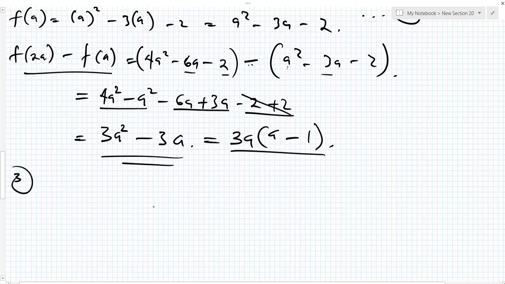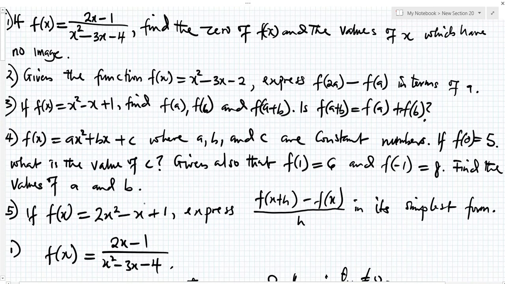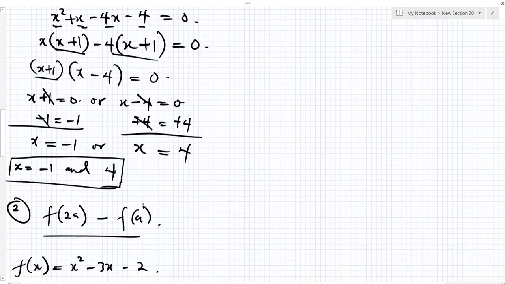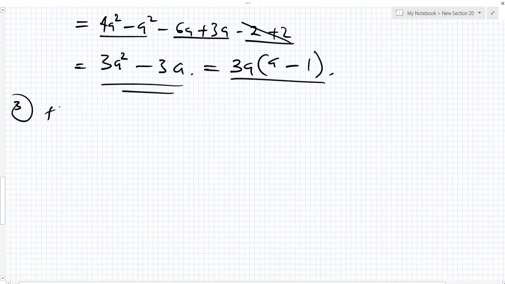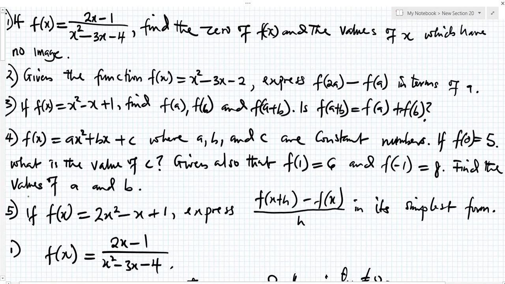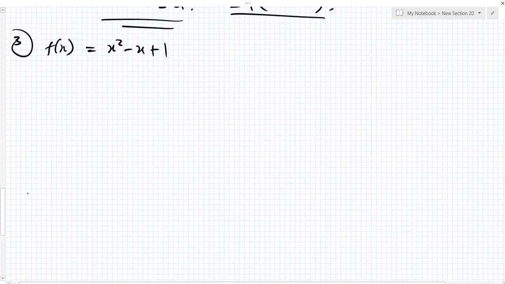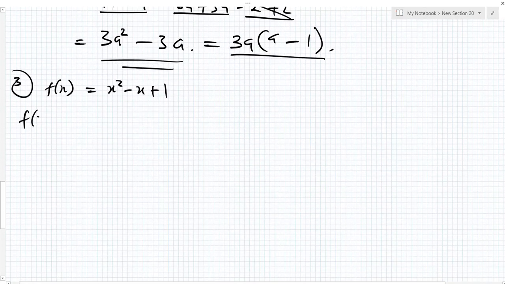Then the third question: if f of x is equal to x squared minus x plus 1, find f of a, f of b, and f of a plus b. So first, let's find f of a.